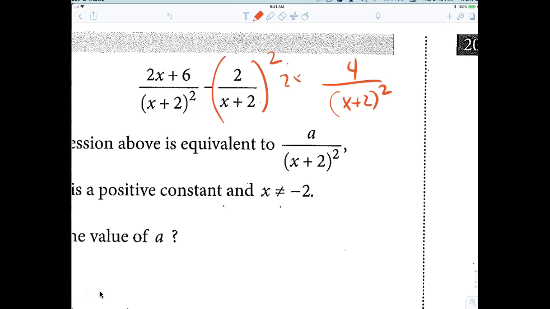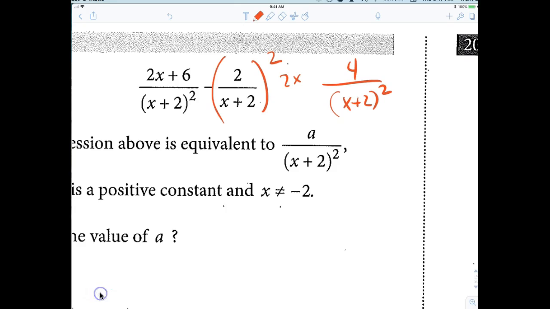So then it's 2x. Oh, no. It does not work. The reason why it doesn't work is, if 2x plus 6 was also squared, if the whole left fraction was squared, then you would just... But you can't square the other fraction. That was a big mistake on my part. Listen to me now. So I was wrong.